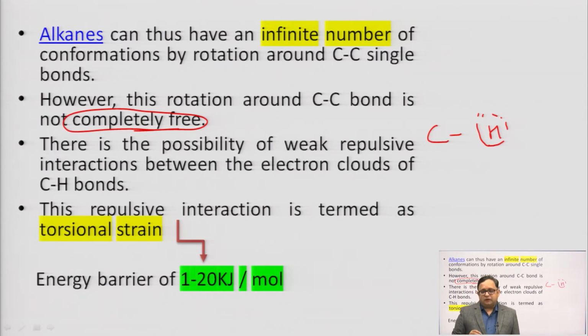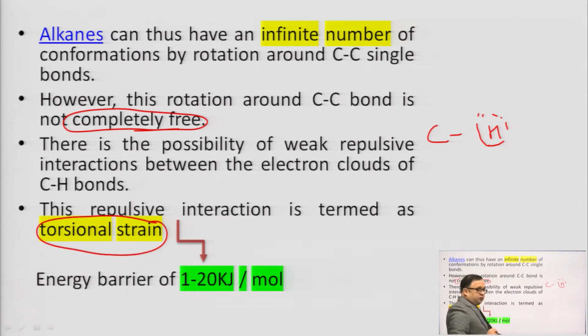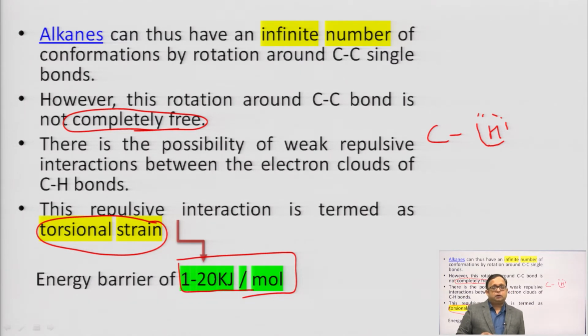This repulsive force creates hindrance in the free rotation of the C-C single bond, and we call it torsional strain. So, the first hindrance is torsional strain, and its value in terms of energy is 1 to 20 kilojoules per mole.